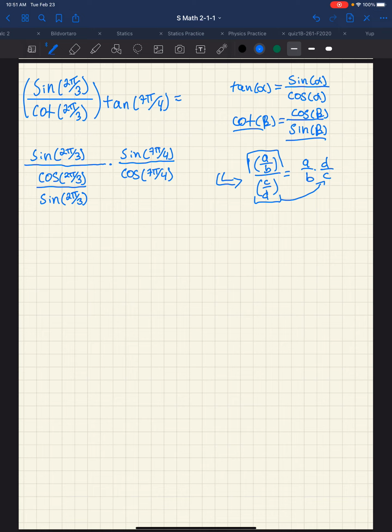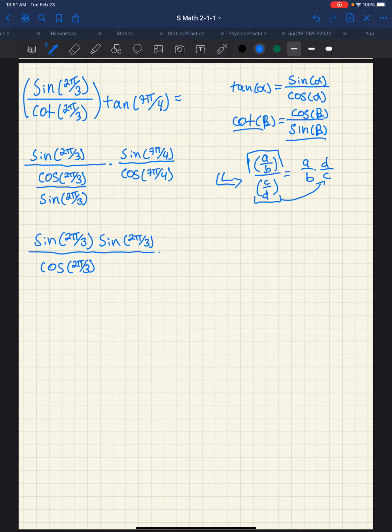So, in the numerator, we only have sine, but that still is a fraction. We can still write that as sine of 2 pi over 3 over 1. So we would have sine of 2 pi over 3 over, well, if we flip this fraction in the denominator, we are still going to have cosine on the bottom, and then we would just have sine up here. Sine of 2 pi over 3.